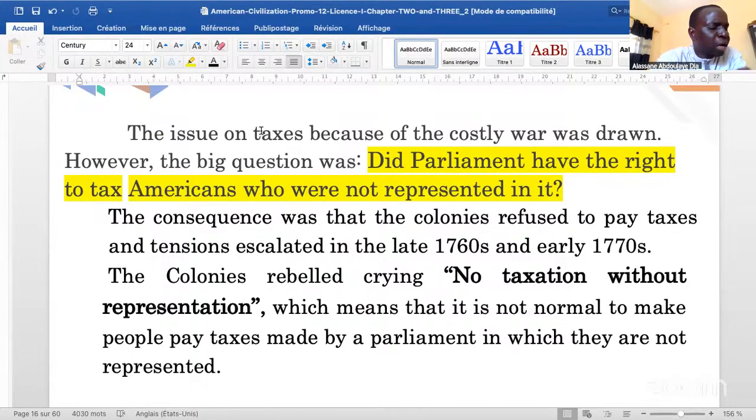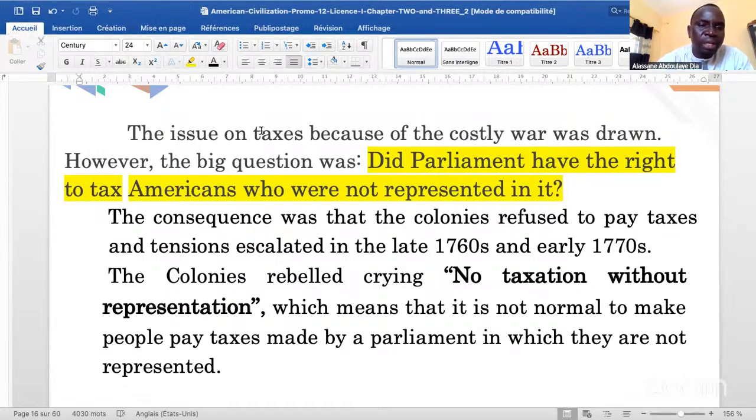The British Parliament was in Europe, in London, and they wanted to impose taxes in America. And they imposed laws on their colonies in America. And the big problem here is that the colonies were not represented in the Parliament. The Parliament is in Europe, in England, in London. In the Parliament, there was no American.